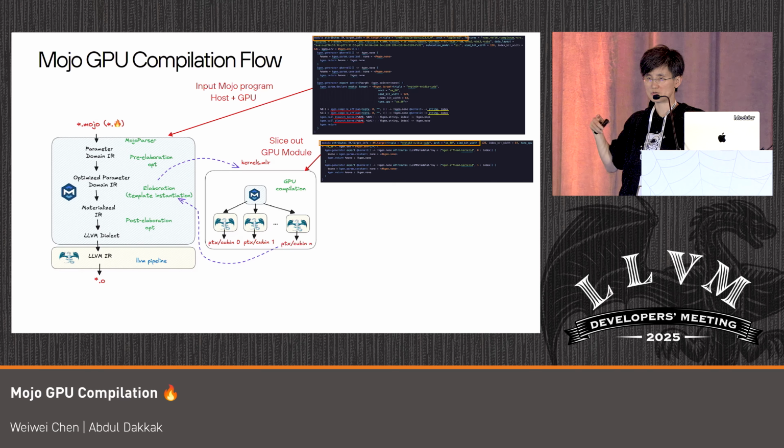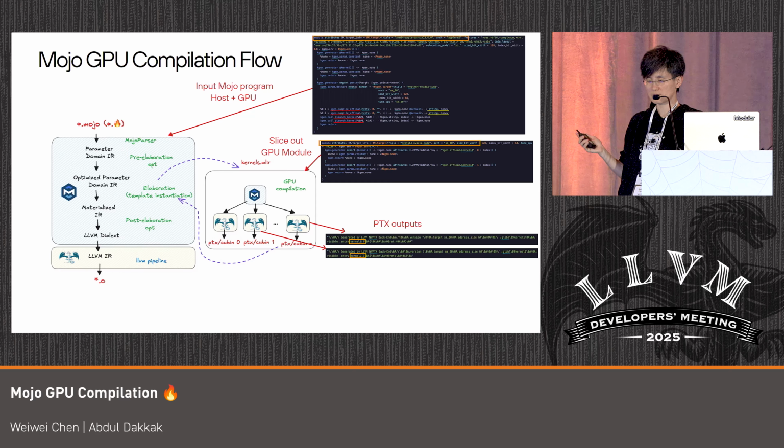So we slice these two kernels into a separate MLIR module and attach the target information, here NVIDIA, to the module. We run the whole compilation the same as on the CPU side, just with different target information. Then we use our parallelizing LLVM backend to slice different kernels into separate LLVM modules and then go to the kernel.